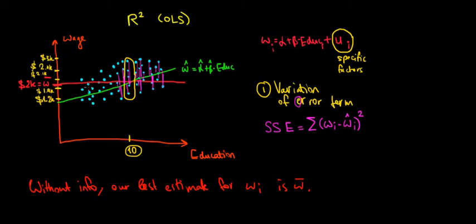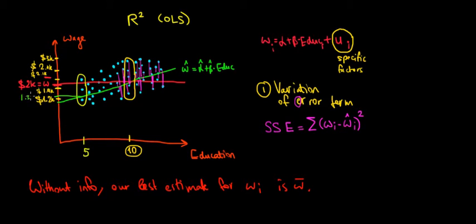Let's take this set of observations over here. Let's assume these are the actual wages for individuals with 5 years of education. If we do not have information that these individuals have 5 years of education, we would predict that they earn $2,000. But because we have that information, we are predicting on our regression line that they should earn, let's say, $1,300.